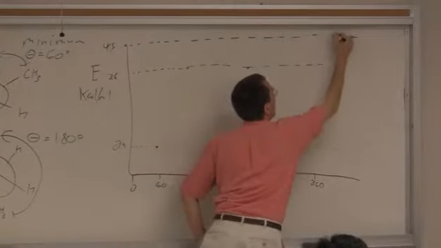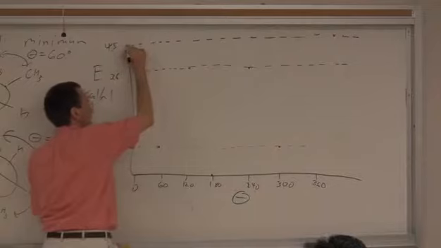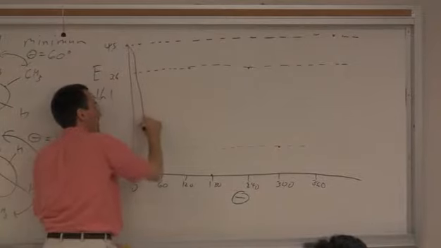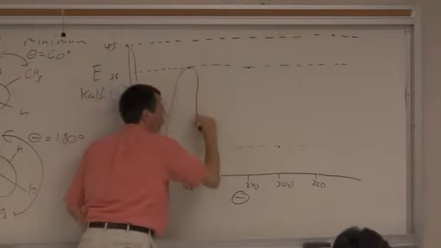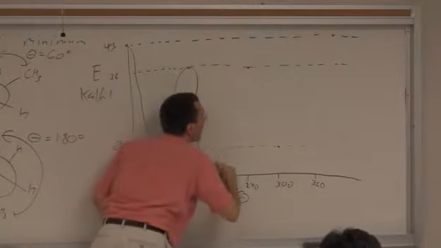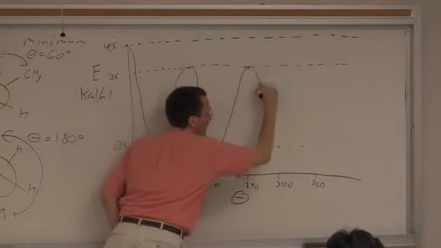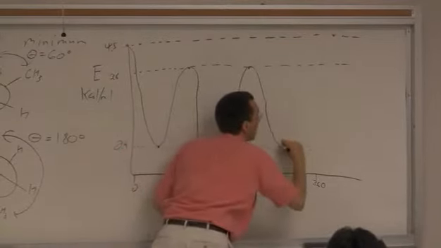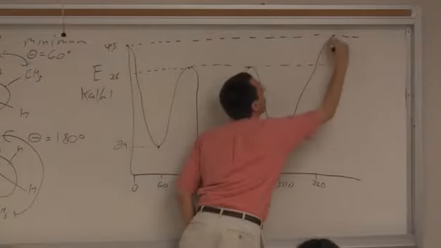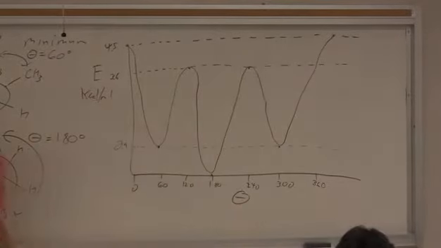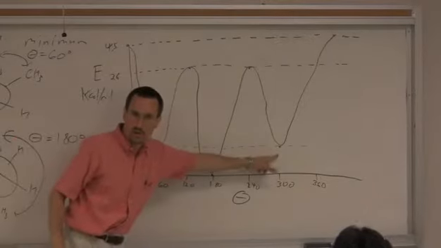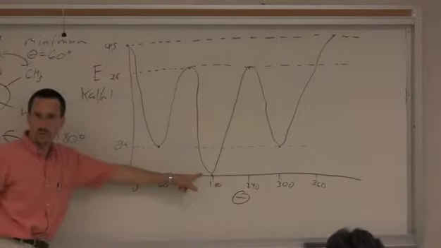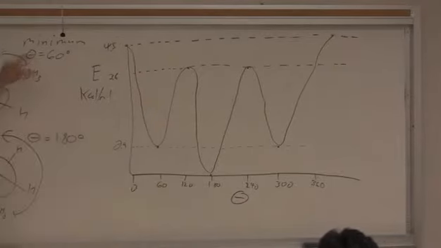And the energy surface looks something like this. It's basically like a cosine wave. Each of these points, gauche plus butane, gauche minus butane, and anti-butane, are all minima.